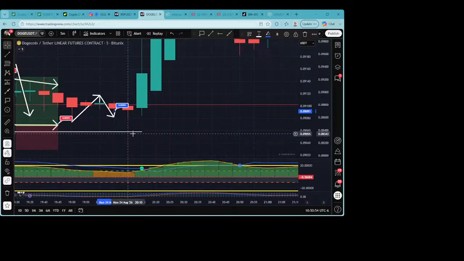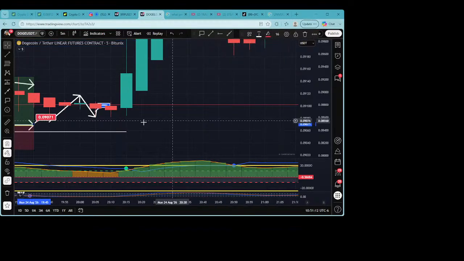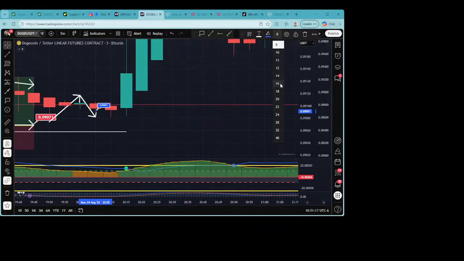Now, once that happens, look at what's on the chart. You guys see on the chart, I've got all these things on smaller sizes so that I can focus on what's important, which is the patterns of the 1, 2, 3 move.